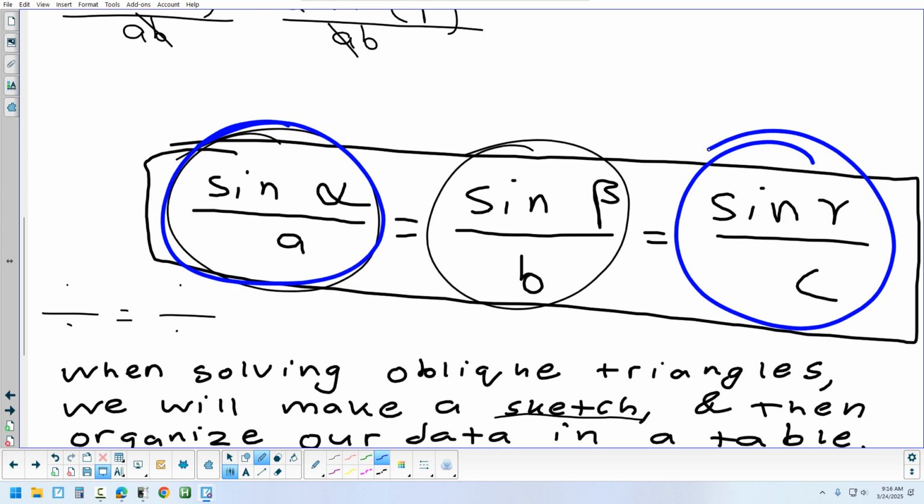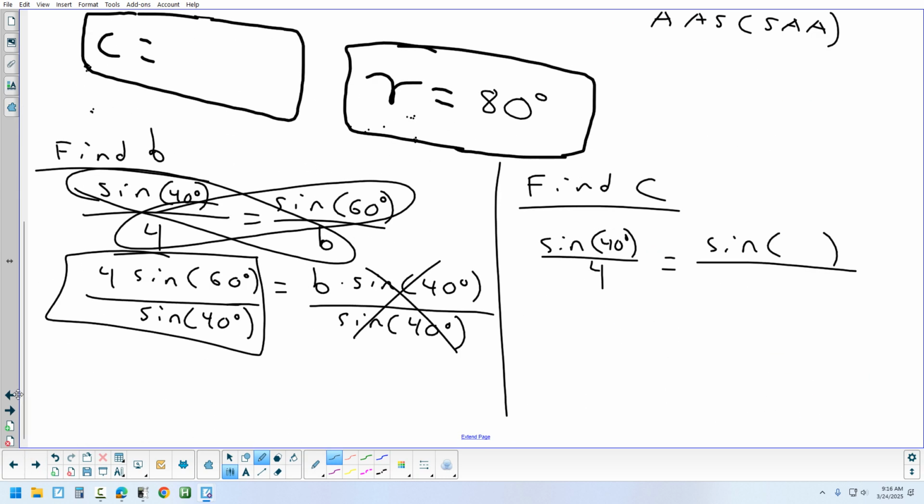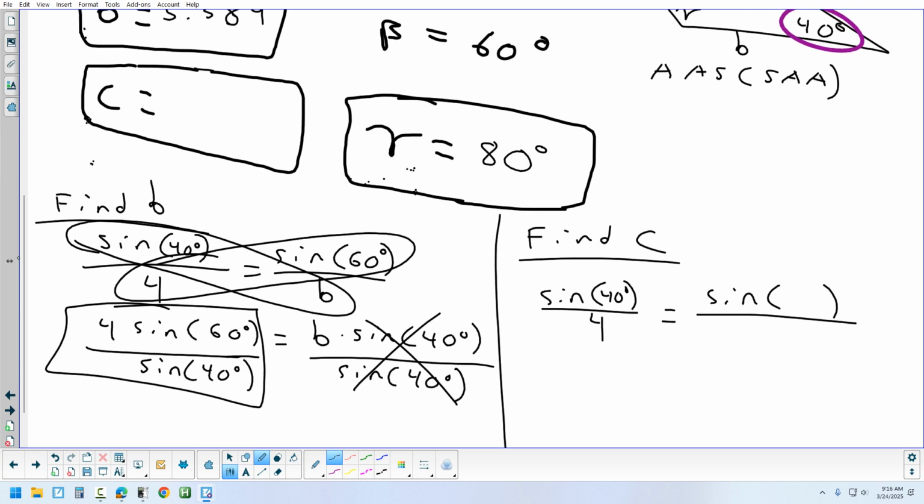Sine of alpha over A equals sine gamma over C. Okay, gamma, again, we solved for that. I know we don't like to use things we solve for, you have to. That's how that works. So sine of 80 over C. Okay, now when I cross multiply, I generally do it all in one step. I don't do the step in the middle. So what's going to end up happening is it's going to be 4 sine 80, and then you're going to have to divide by sine 40.